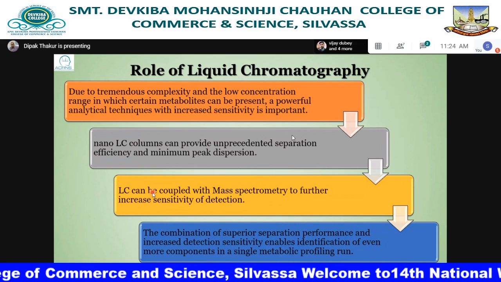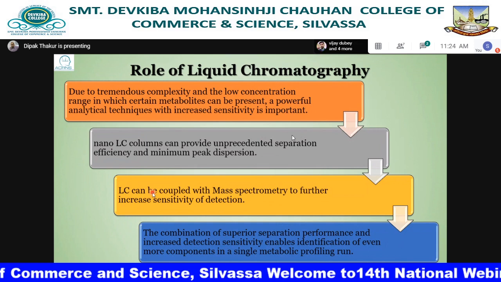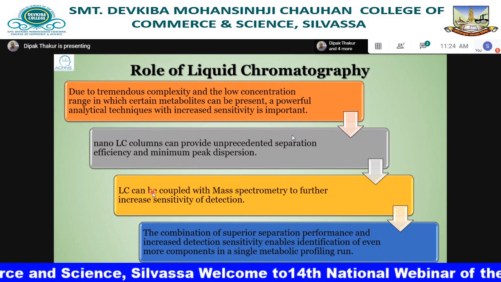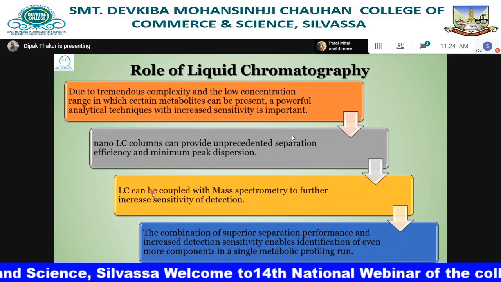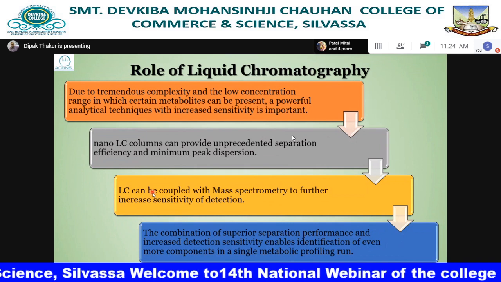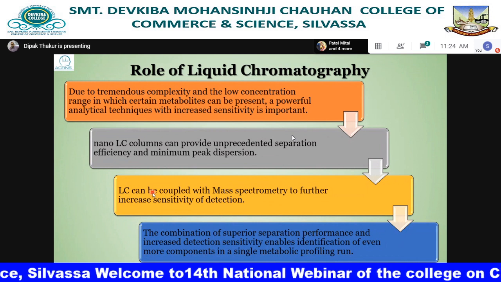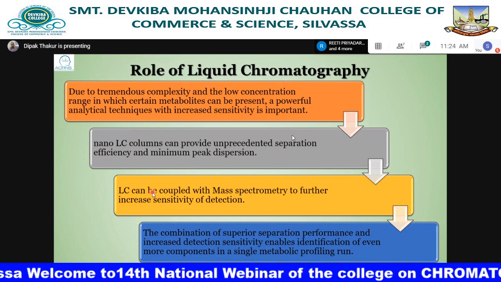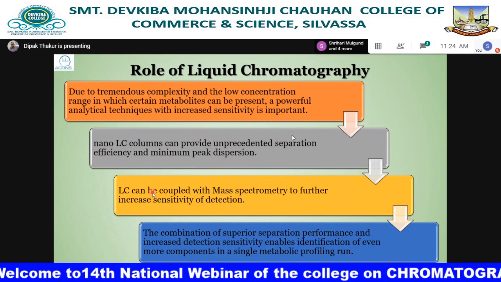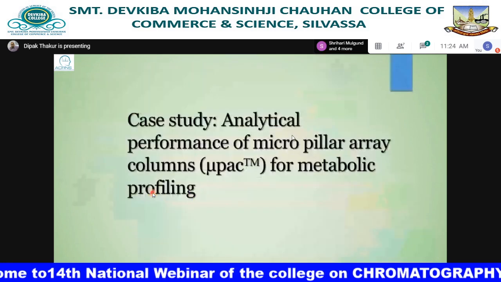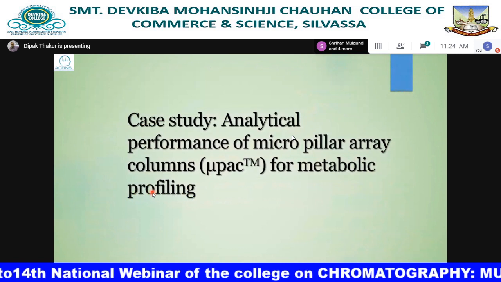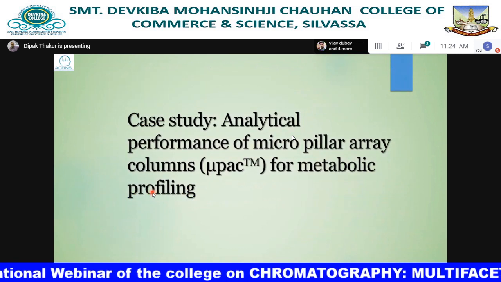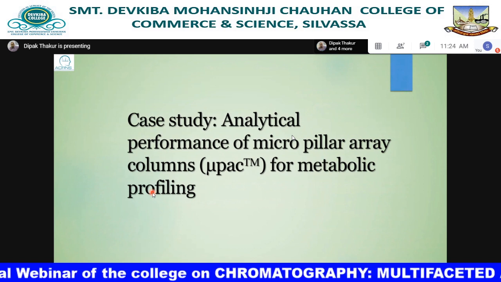So the next advance in chromatography is micropillar array chromatography, which you have seen the design of, and I'm going to show you the data, and I'm going to justify how it's better than the current state of the art columns available to us.